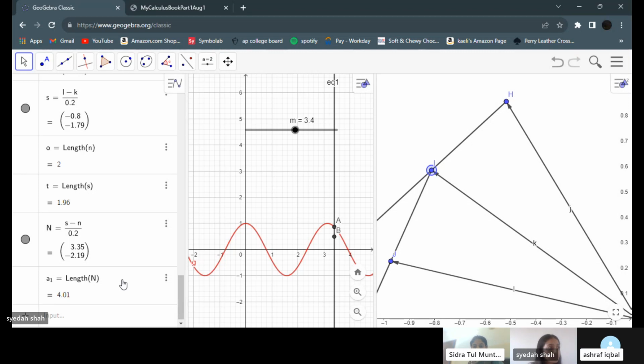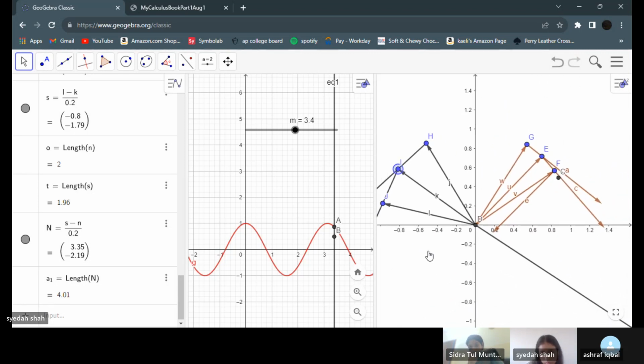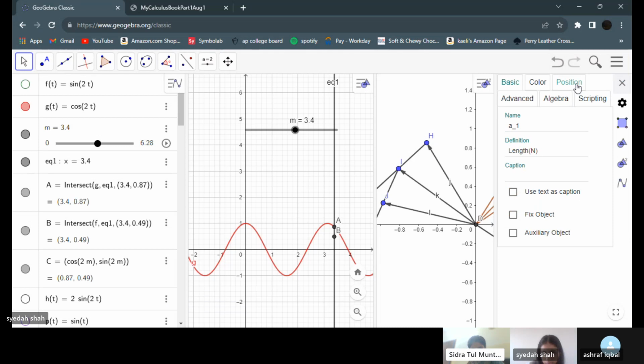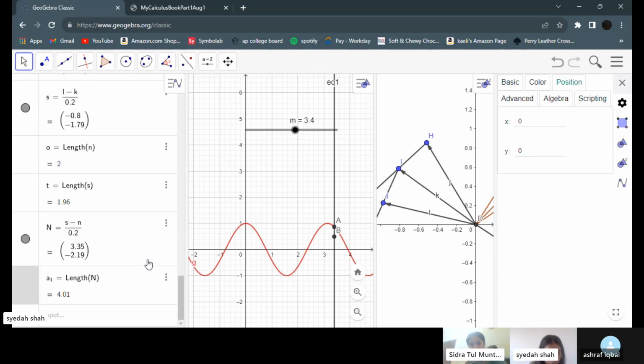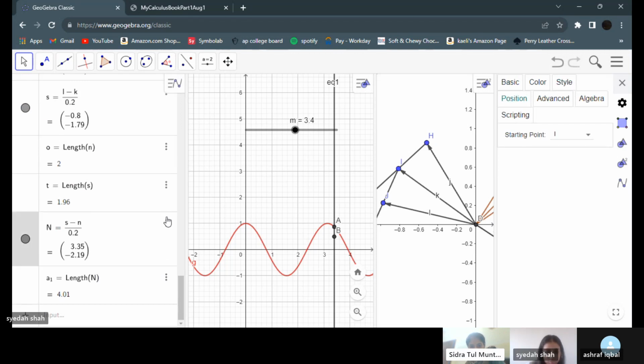Now zoom off. You can change the position of this acceleration vector to H, I, or D, whatever you like.